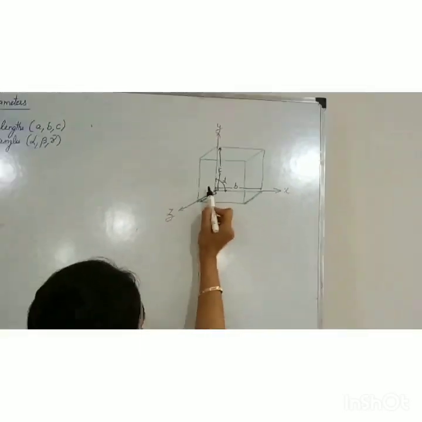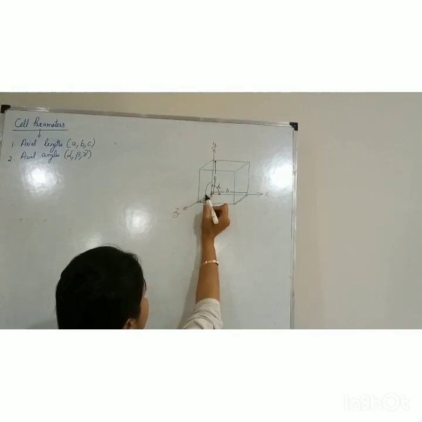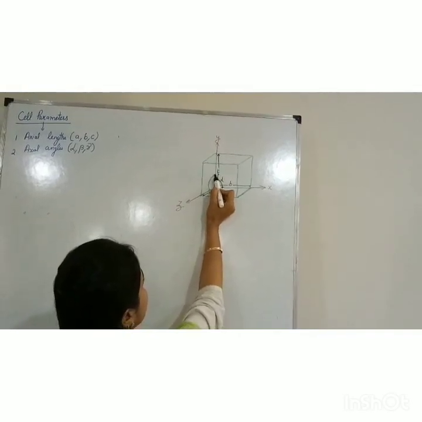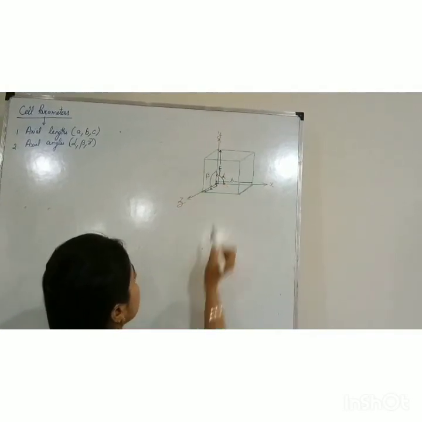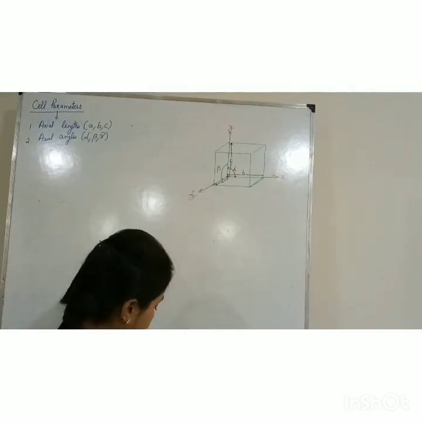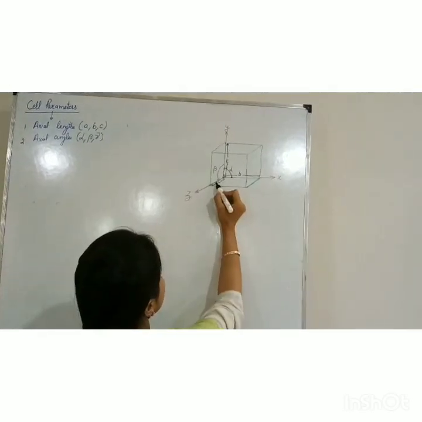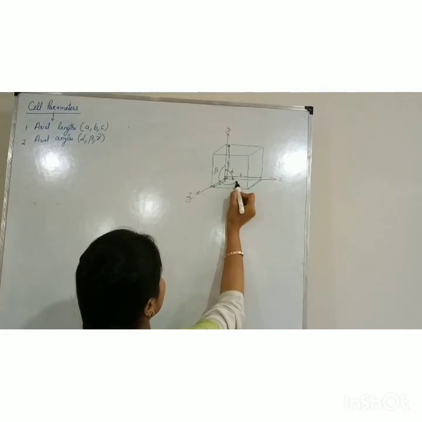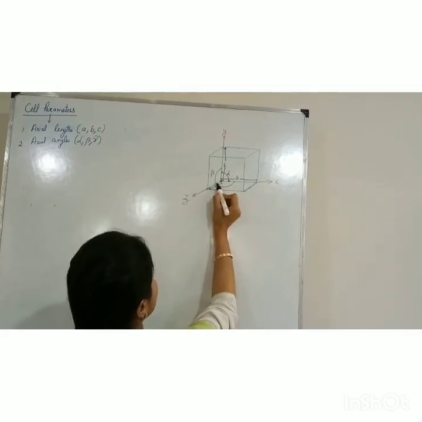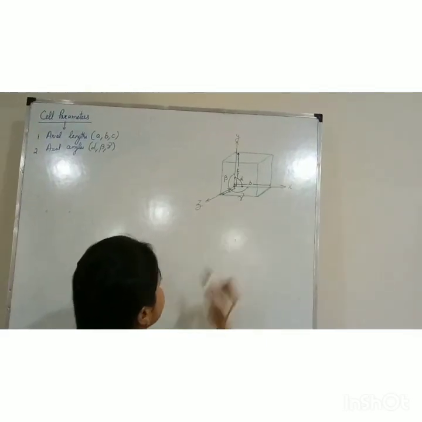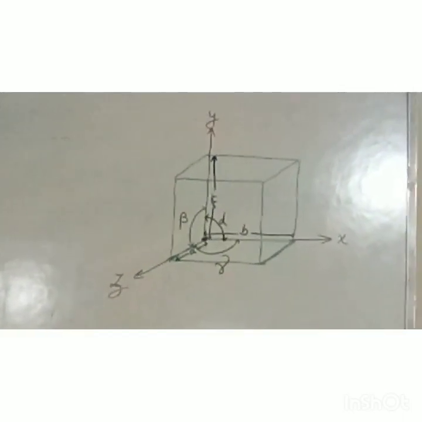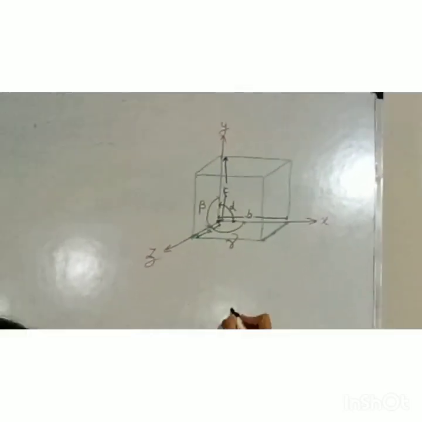The angle opposite to B, this one, is represented by beta, and the angle opposite to C, this one, is represented by gamma. I will show this in a simplified way like this.